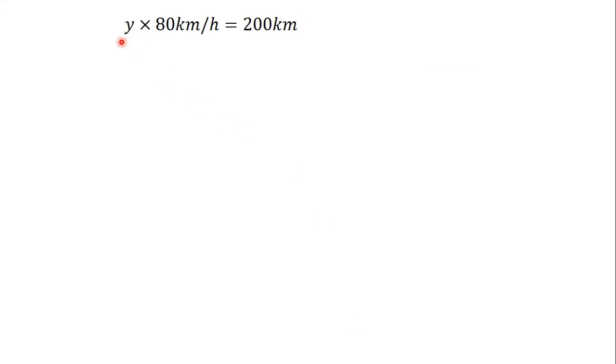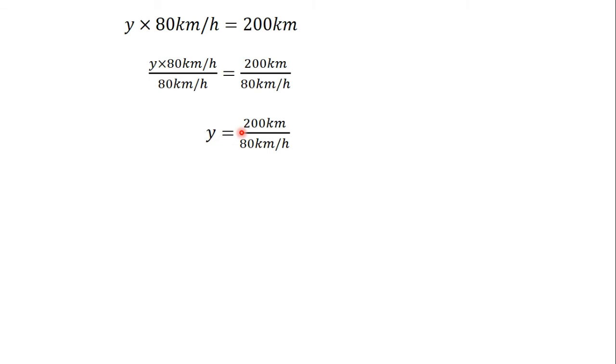To find y, we divide the left hand side by 80 kilometers per hour. We divide the right hand side by 80 kilometers per hour. So we have y times 80 kilometers per hour divided by 80 kilometers per hour, and this is equal to 200 kilometers divided by 80 kilometers per hour.